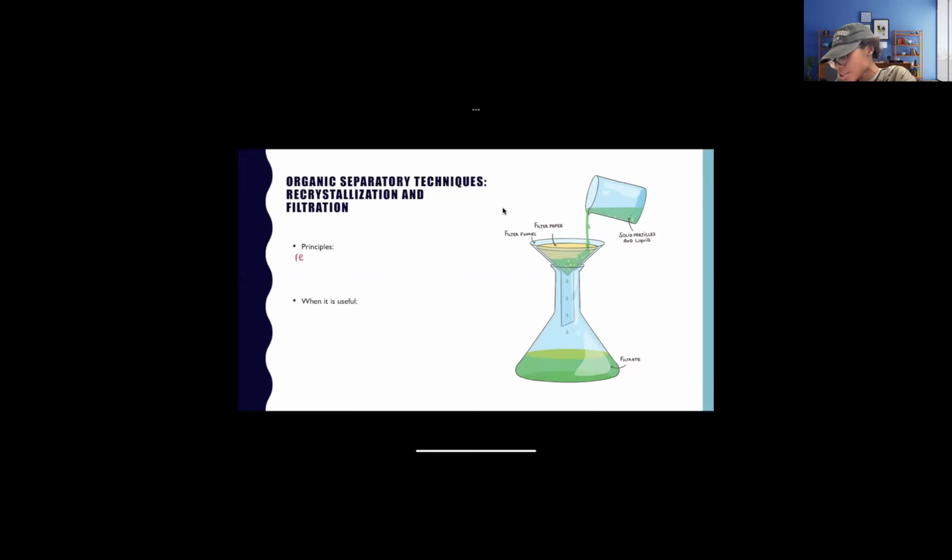So recrystallization is going to purify our compound. Does anyone remember why recrystallization is able to help us get to a more pure compound?